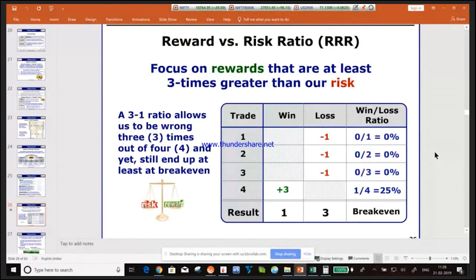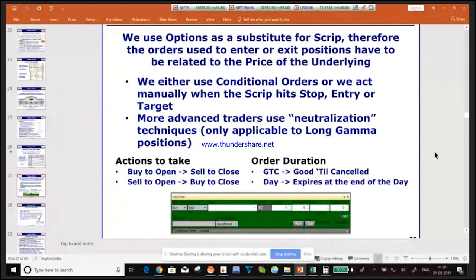Okay, this is the reward to risk slide. Forget that. We use options as a substitute for the script.